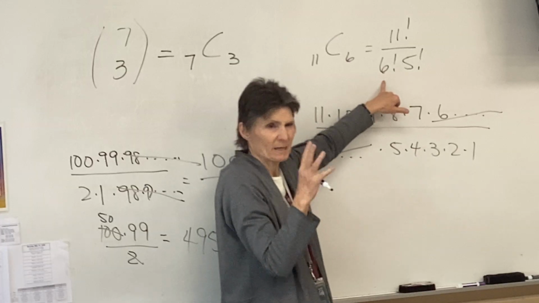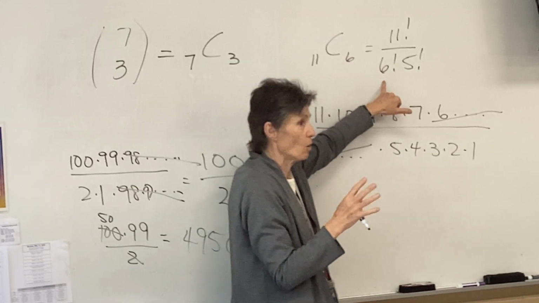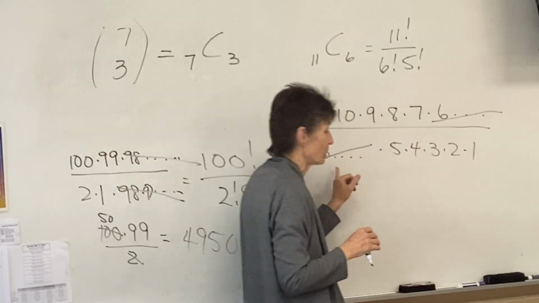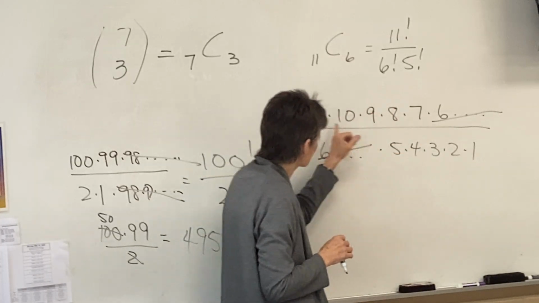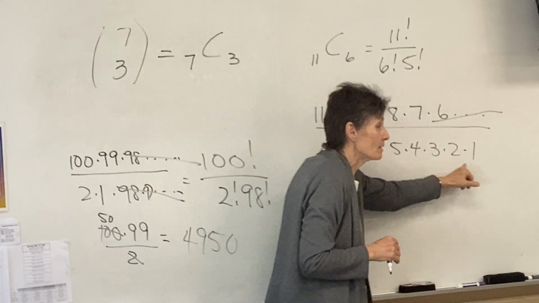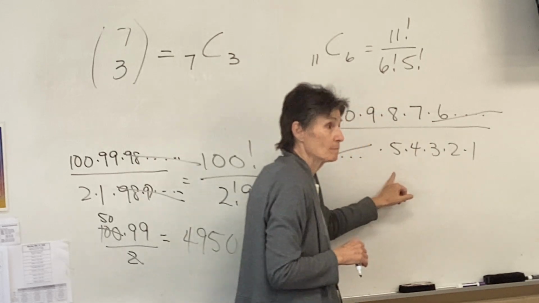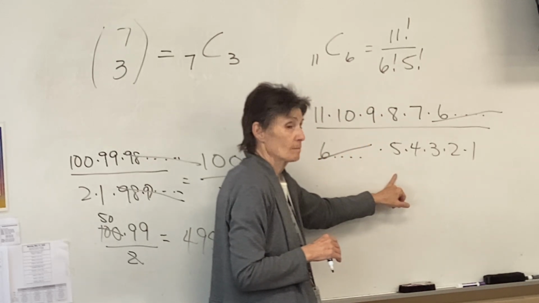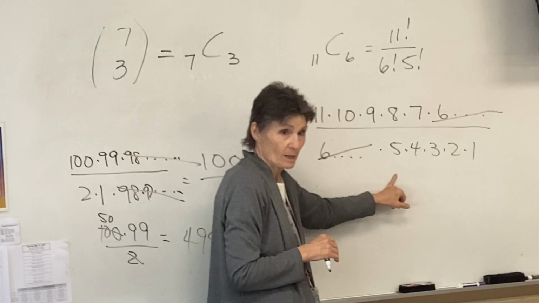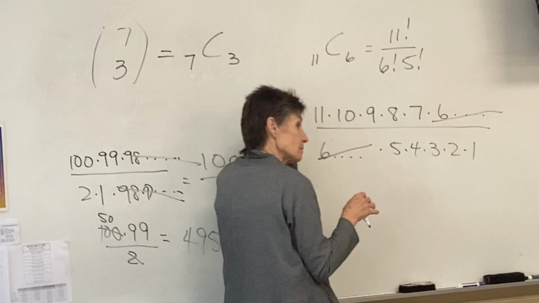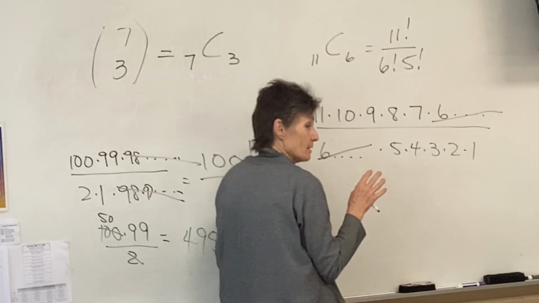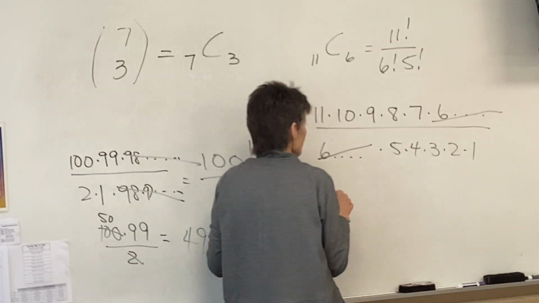I always cancel my biggest one. So everything from 6 on is going to cancel. Would you agree with that? So I am left with this over the 5 factorial. Everybody okay? Now, I can start canceling. Remember, there weren't any calculators.